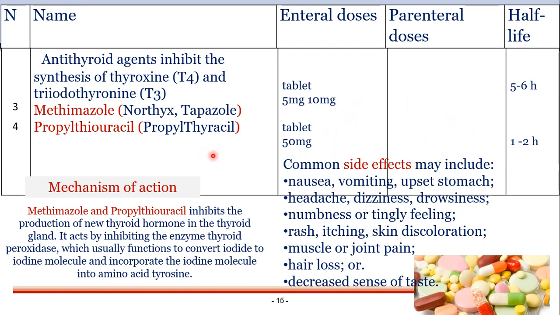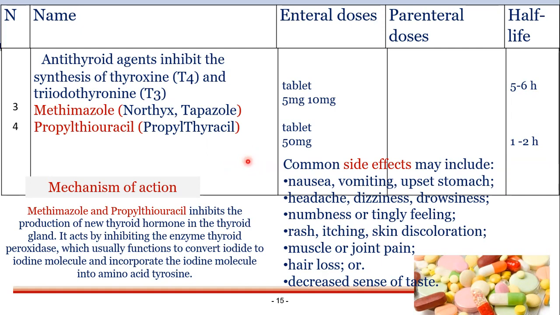The mechanism of action of this medication is that it inhibits the production of new thyroid hormone in the thyroid gland. It acts by inhibiting the enzyme thyroid peroxidase, which usually functions to convert iodide to iodine molecule and incorporate the iodine molecule into the amino acid tyrosine. Of course, this medication has side effects too.